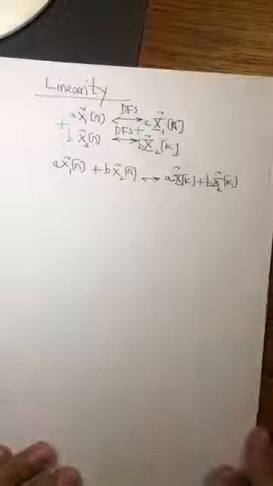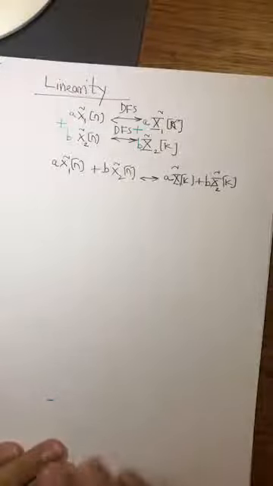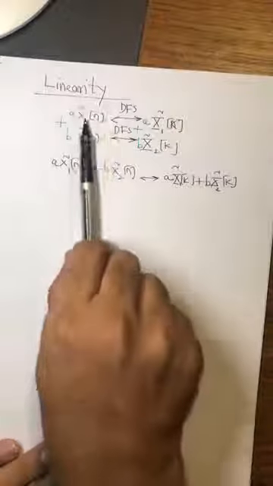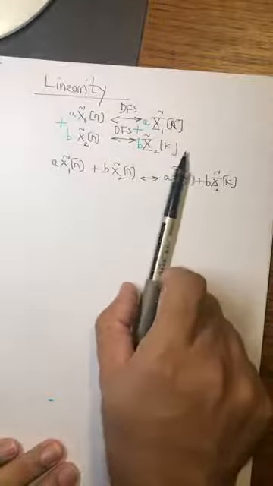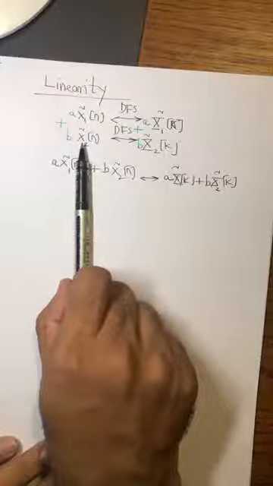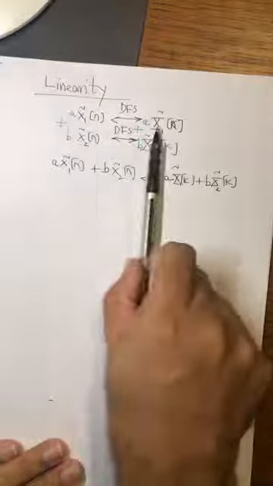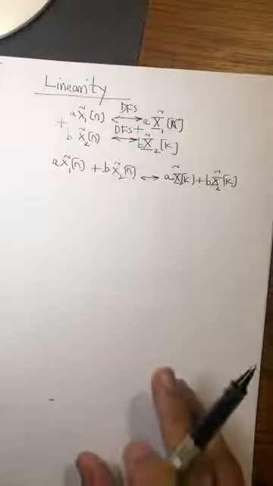Okay, so this is the linearity property, which can be easily proved using the formula. Or I can give you a question in the exam where I give you this and its discrete Fourier series, this and its discrete Fourier series, and then I may ask you to add them together and find the discrete Fourier series coefficients of this. So all you have to do is just add them together. Or if I multiply, so you multiply. You can easily solve questions which deal with linearity.